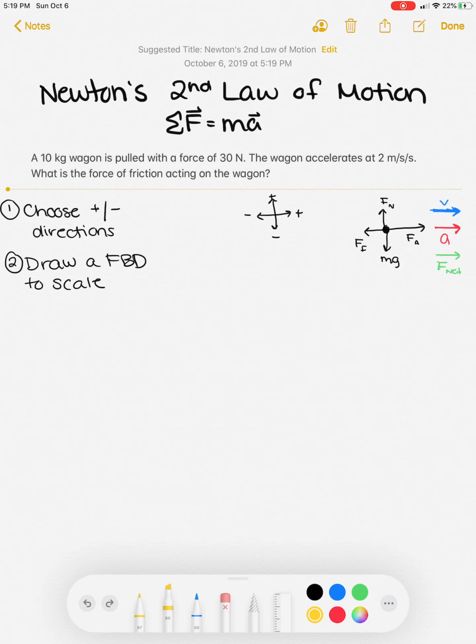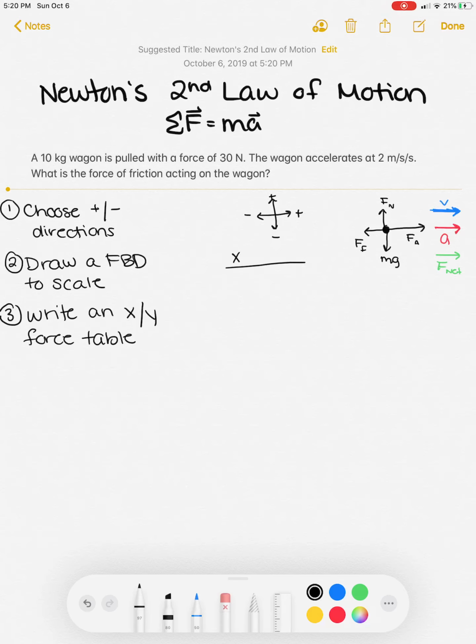After I do that, I am going to write myself an XY force table. The reason we write a table for the X and Y forces is so that we don't get anything confused, so that we keep everything neat, and it makes writing our equations a lot easier later on.